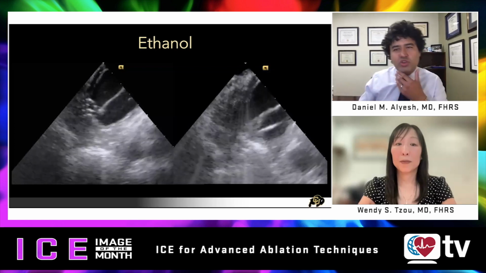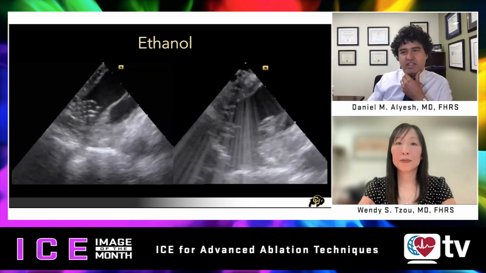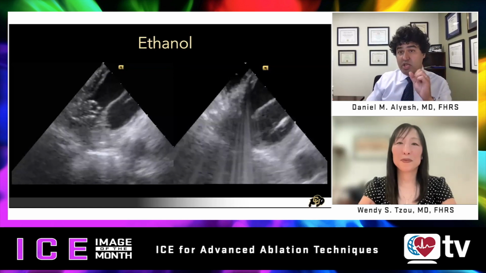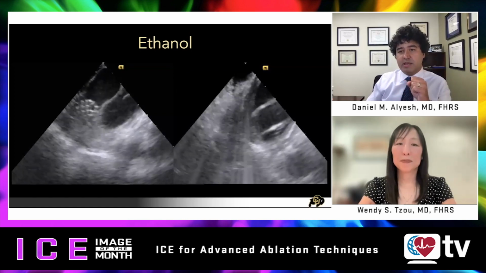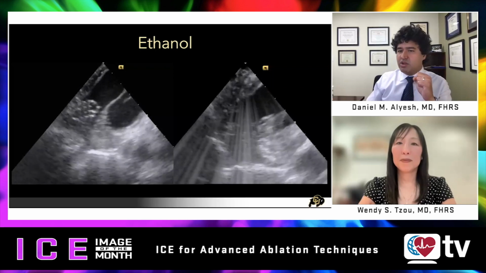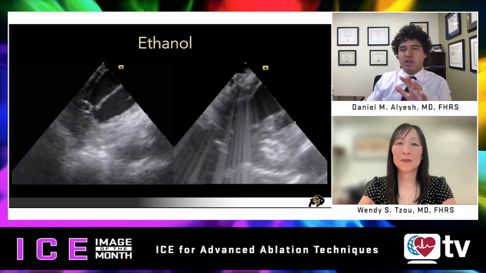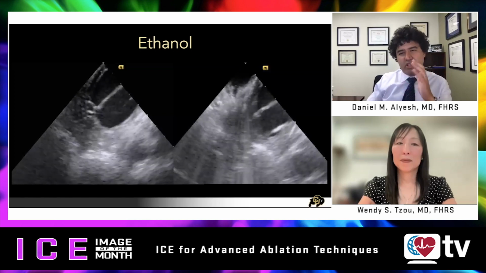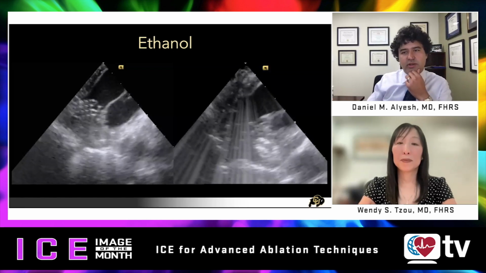Another question I have for you, maybe we're deviating a little bit: when you do your ethanol ablations, are you always watching the lesion form on ICE, and what characteristics are you monitoring, what pitfalls are you working through?